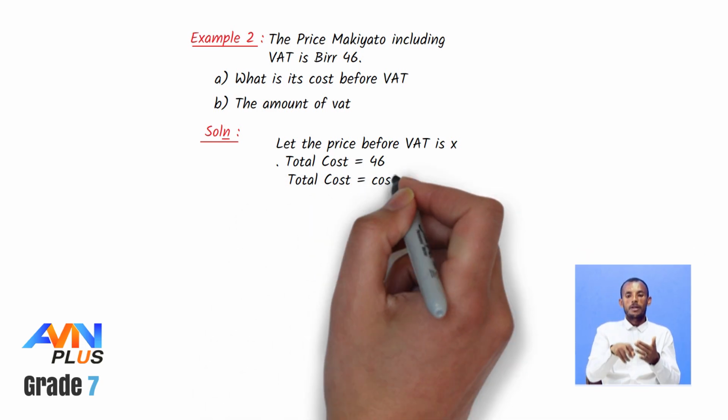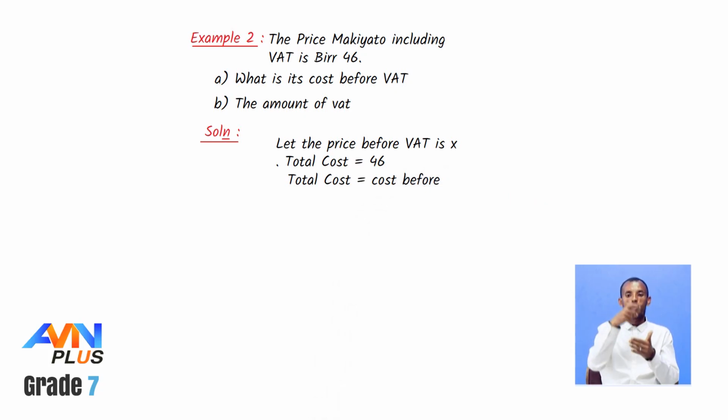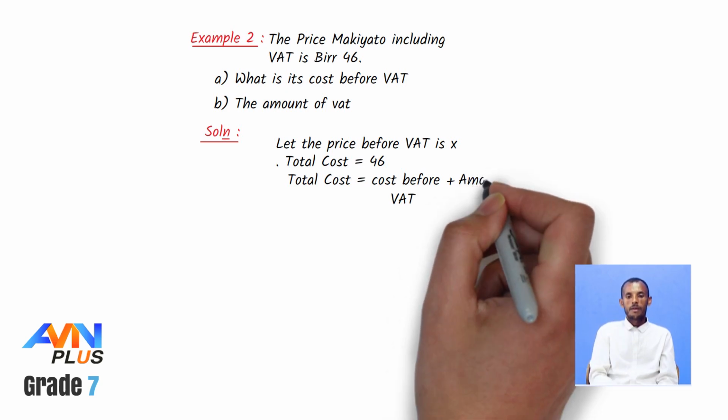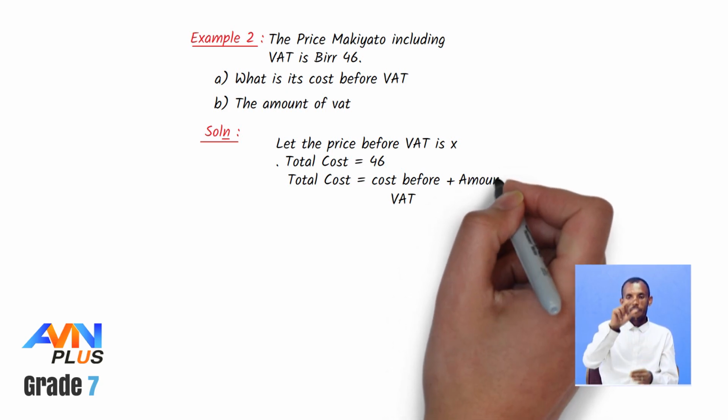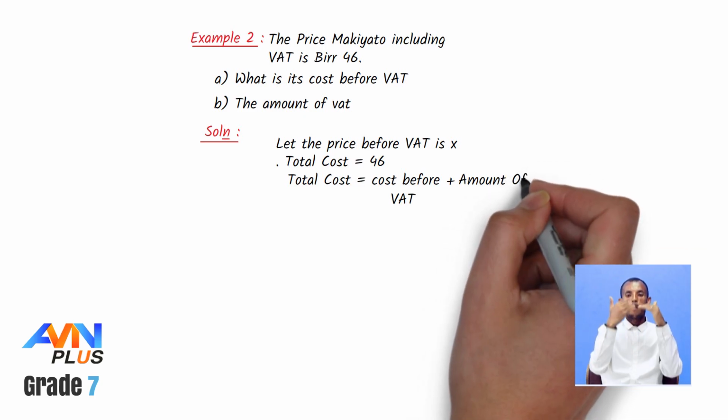The total cost is given by the cost before VAT plus the amount of VAT.